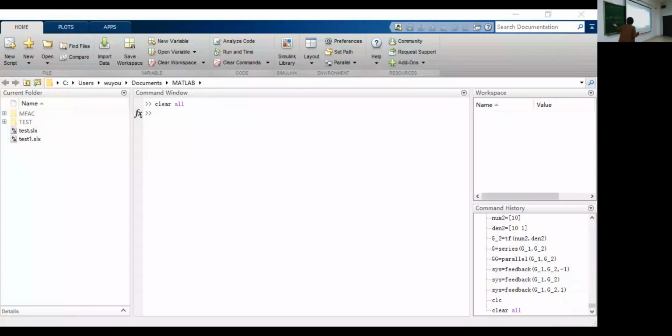Because we input a signal here, we should read the output by using instruments, as in a real experiment. So scope and display both show the result. One is by curve: if you use scope, it shows a curve. And if you use display, it shows the digits, the numbers.